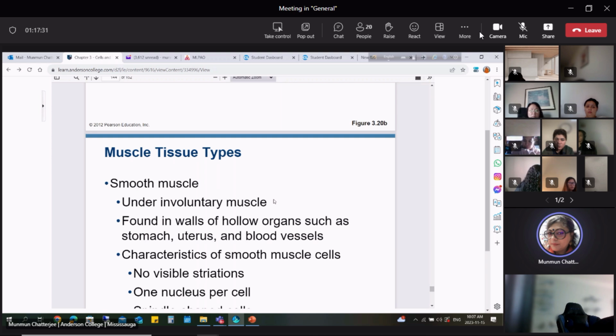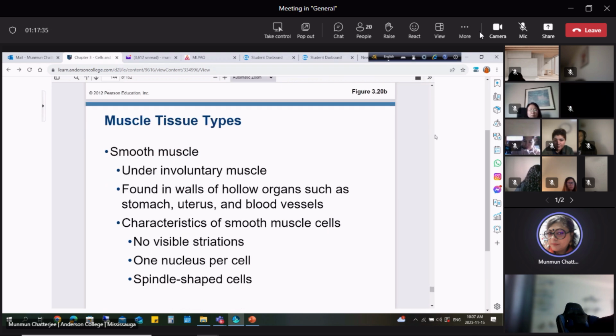What are the characteristics? There is no striation. This is the only thing. Smooth muscle cells, no striation. Cardiac muscle and skeletal muscle have striations. You can see the difference between each. Some are common, but not everything is common with each other. Striations give you a little bit more power.